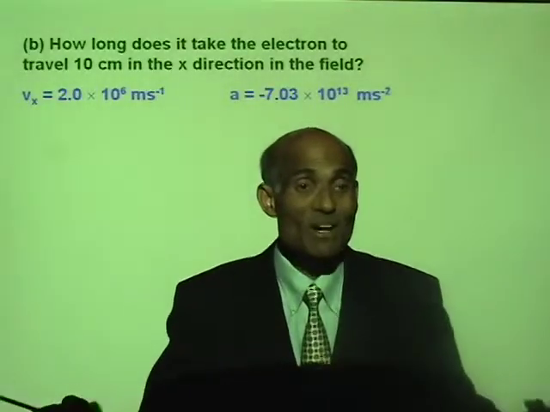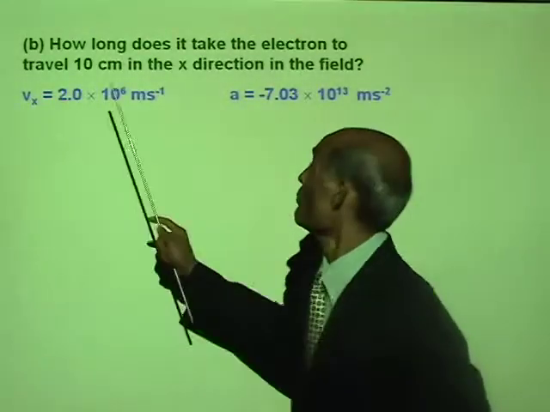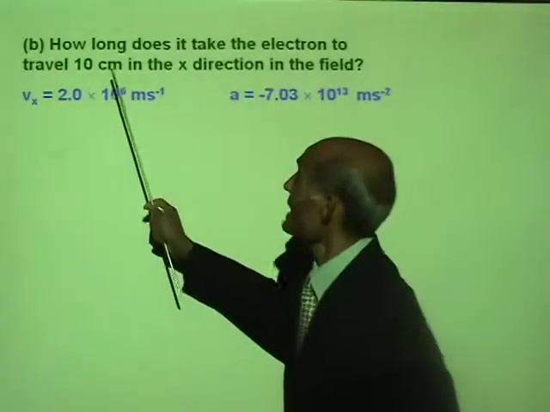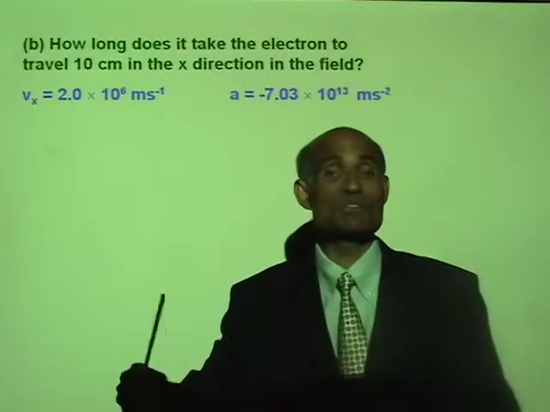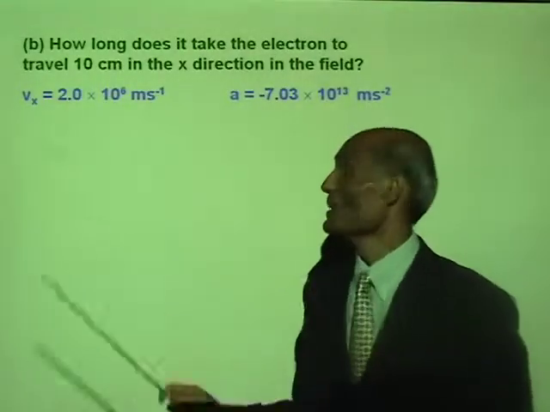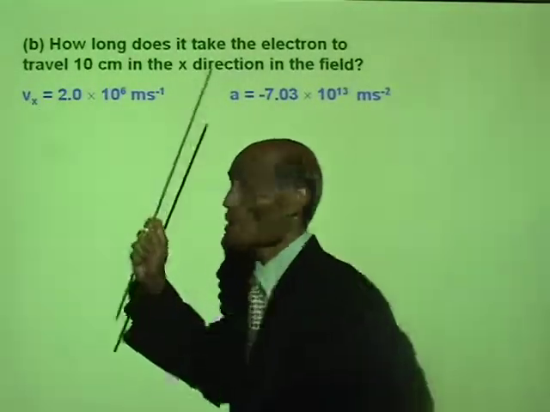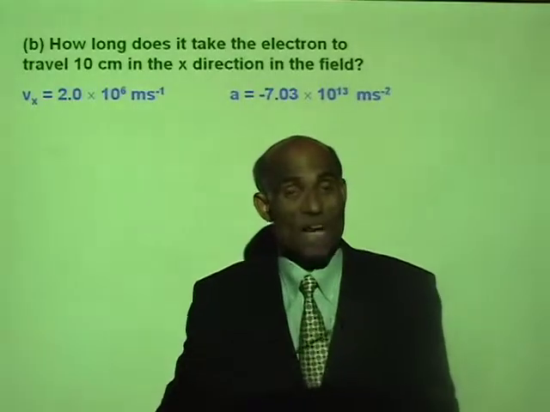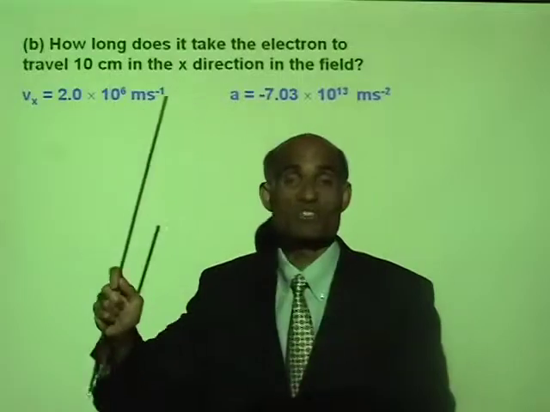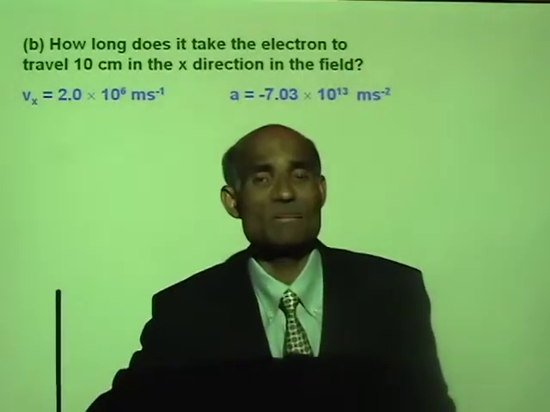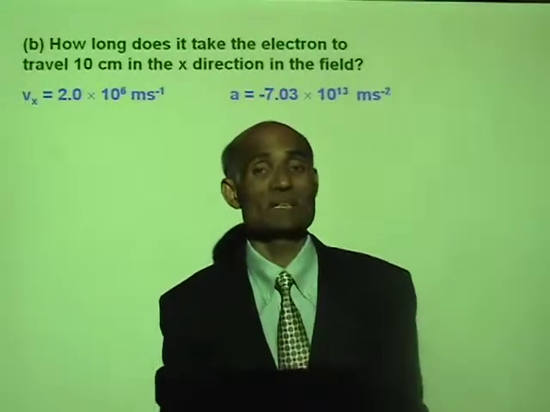That is going to remain a constant. With that constant velocity, the electron travels a distance x equal to 10 centimeter, which is 0.1 meter.